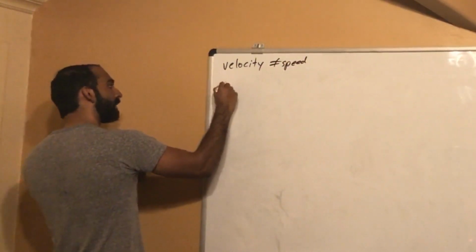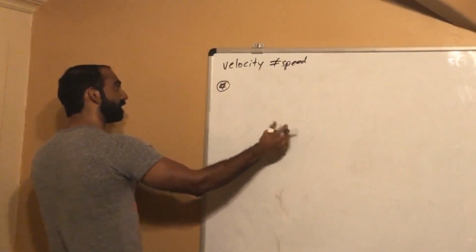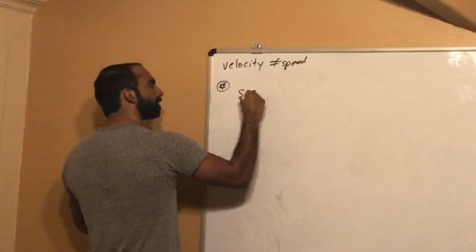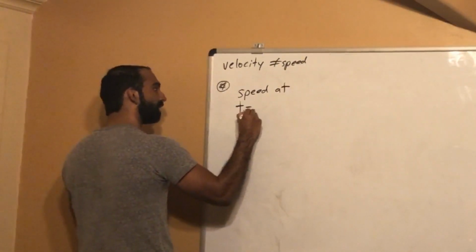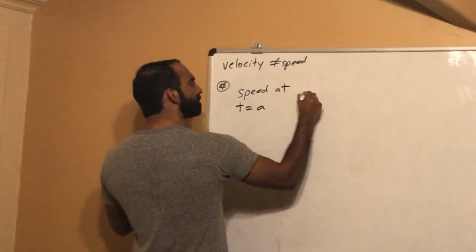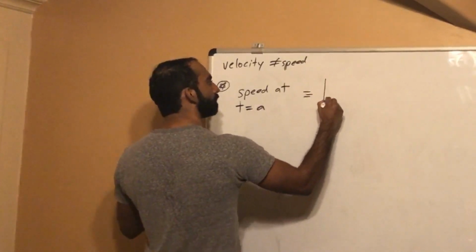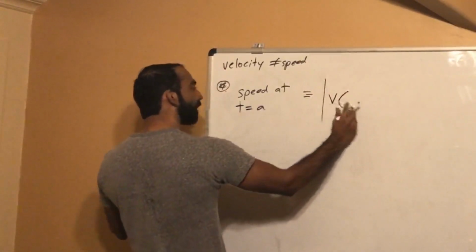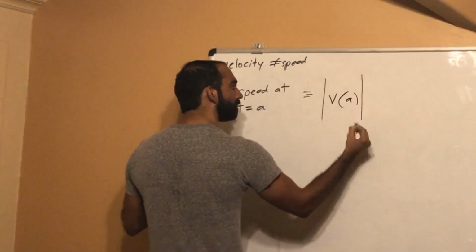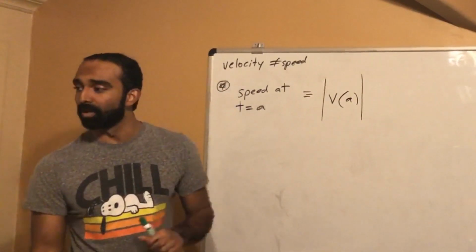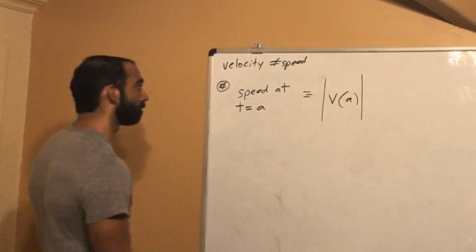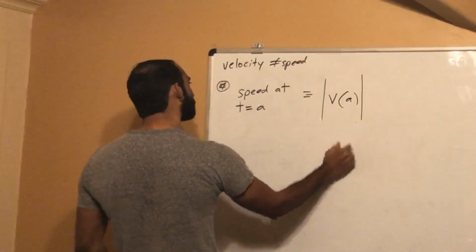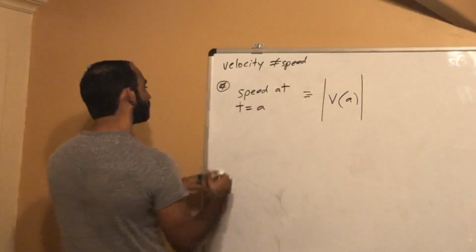The way we define speed at any timestamp, let's say the timestamp t equals a, is just defined to be the velocity evaluated at a, and then you take the absolute value. If you're in one dimension. If you're in 2, you take the Pythagorean theorem. 3, Pythagorean theorem. But in one dimension, all you do is take the absolute value. This is how we define speed.